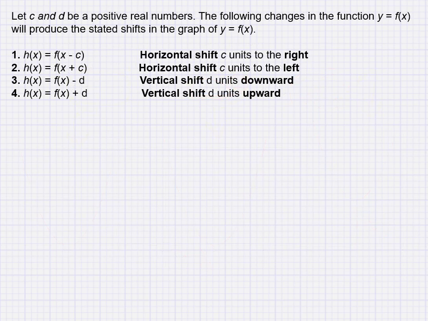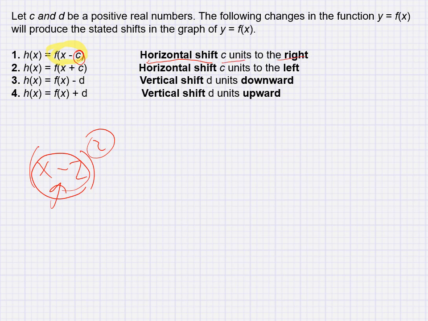So if we evaluate a function and we subtract some value inside the function, like we did in that last example where we did (x minus 2) squared, inside the square, inside the function, we subtracted 2. So if we subtract any value c, that'll be a horizontal shift c units to the right.